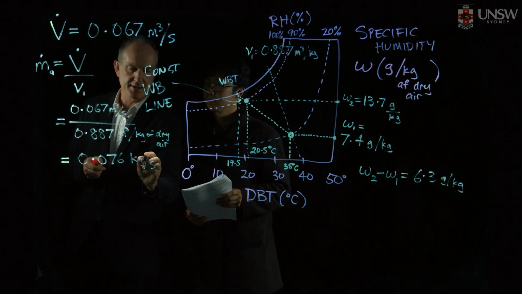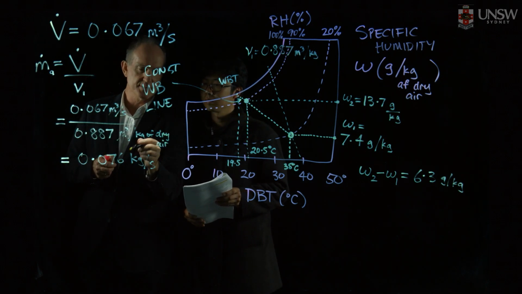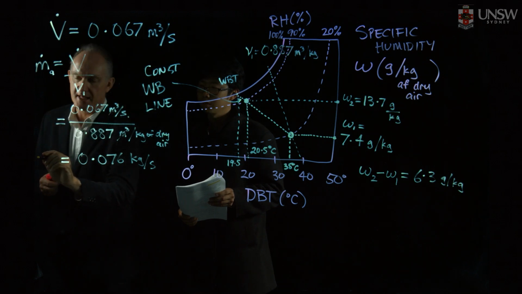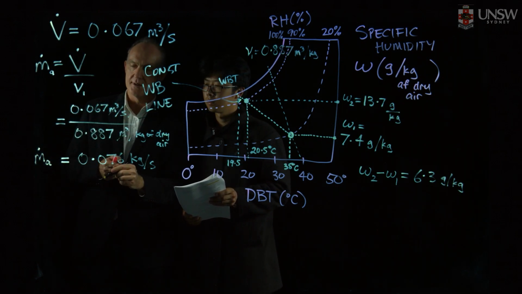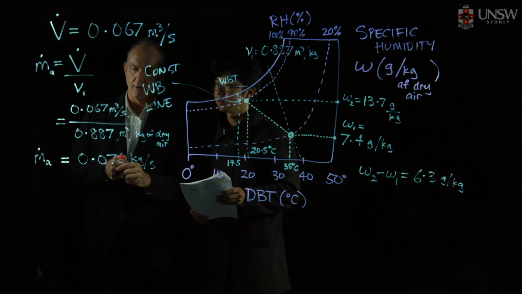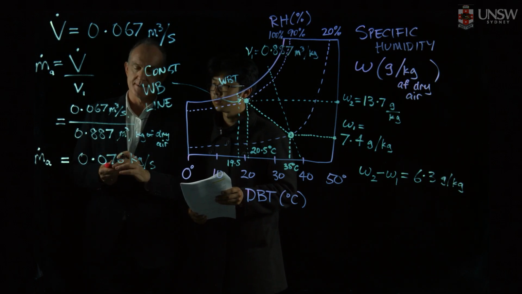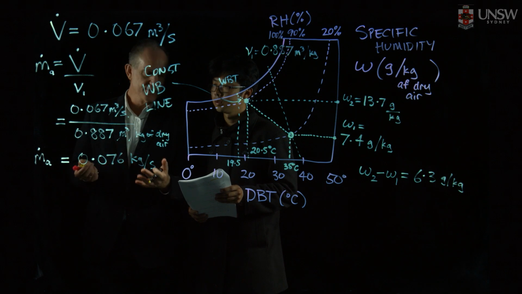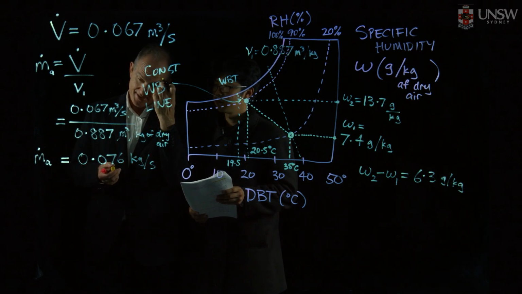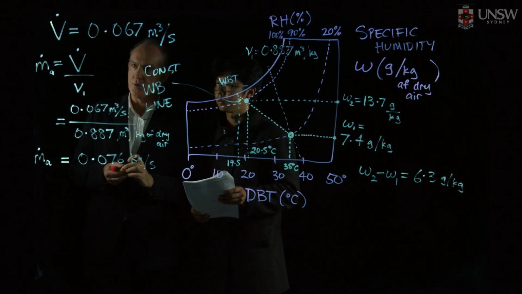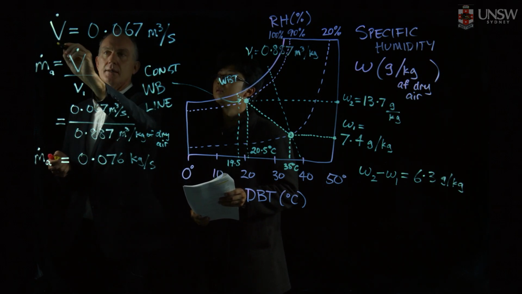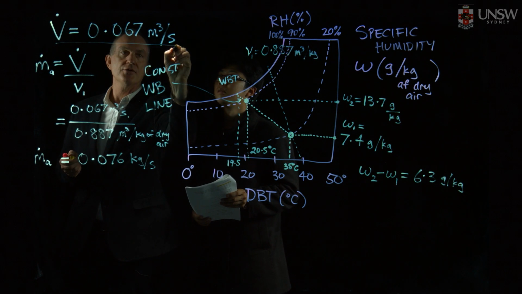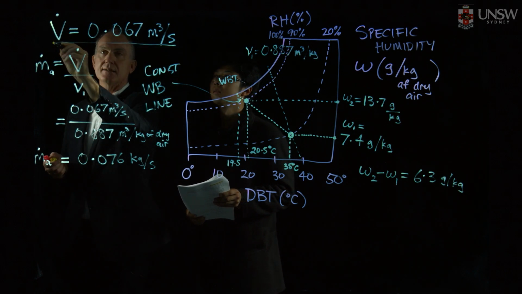So that kilogram that gets left when we do the calculation is kilogram of dry air, and that's explicitly telling us we've got the mass flow rate of the dry air moving through the system. So mass is always conserved. That's why we work it out this way. If we work out that we've got usually the volume flow rate here, we often know that at the inlet.